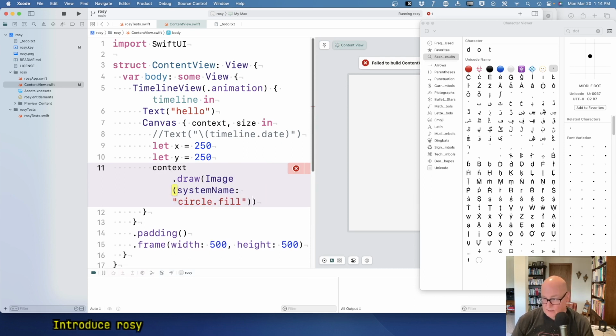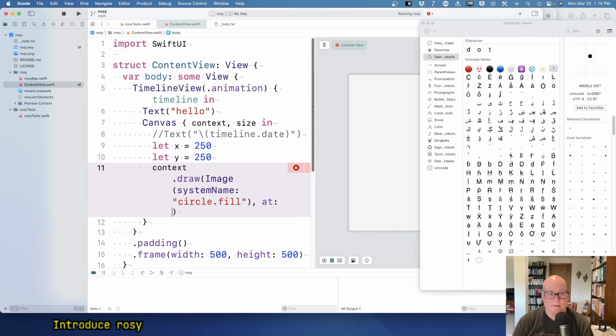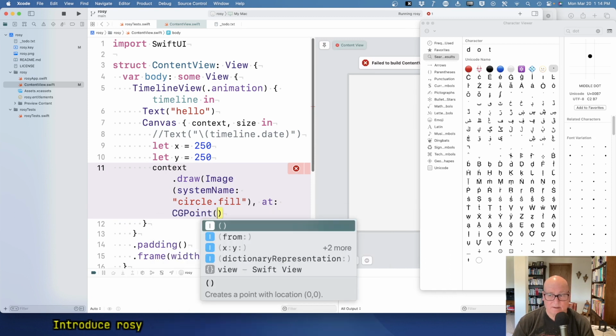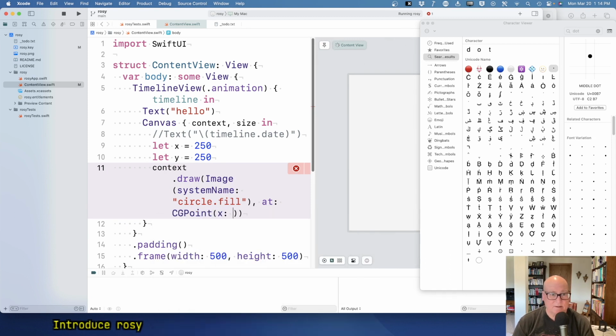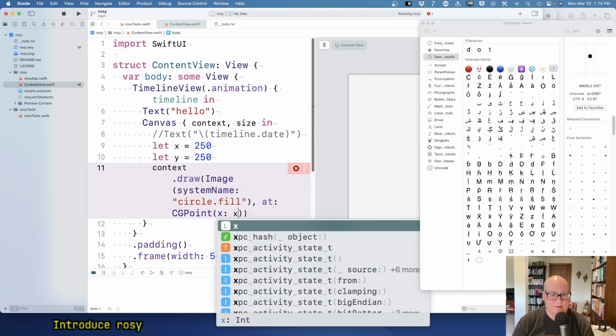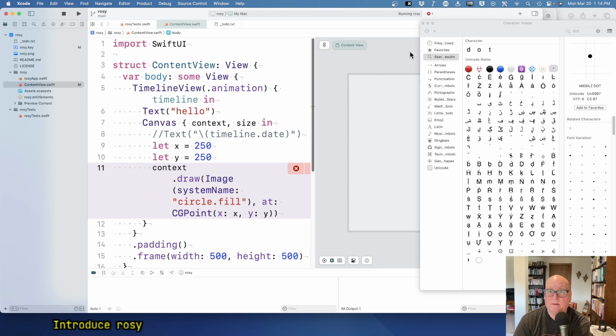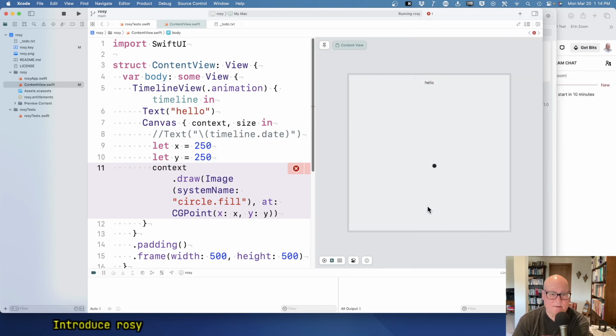And we'll draw it at, I think this is the way you do it, CGPoint x, y. Let's close this. Hey, there's a dot. Okay.